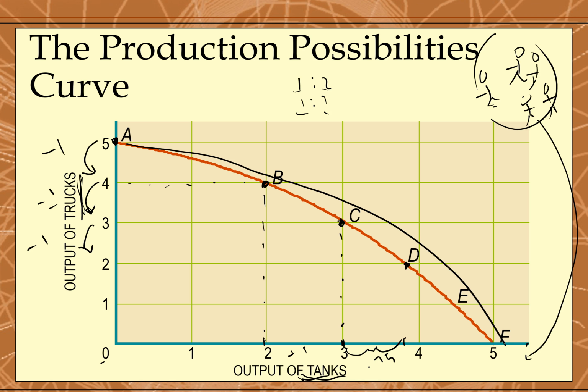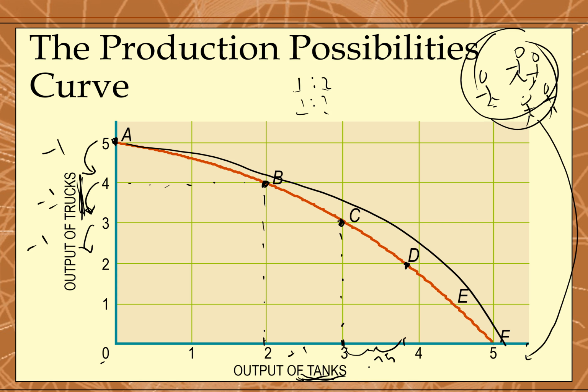But what this is really showing you is how compatible your factors of production, labor, are when you move it from one activity, truck production, to tank production. In other words, as we send workers from trucks to tanks, we get less and less in return.